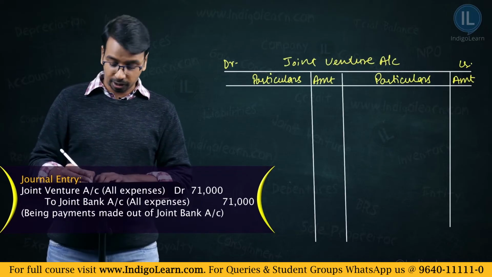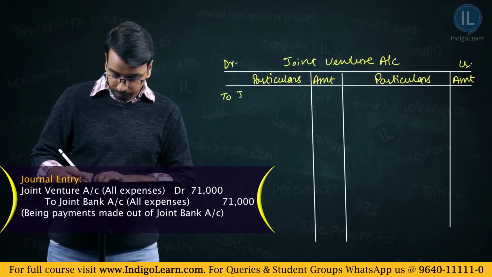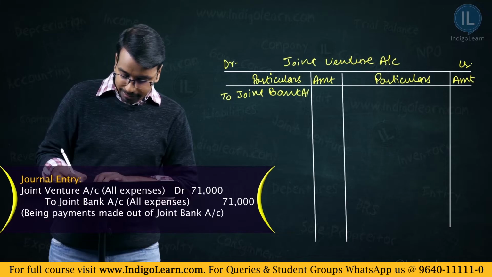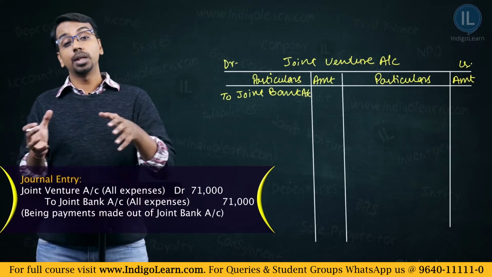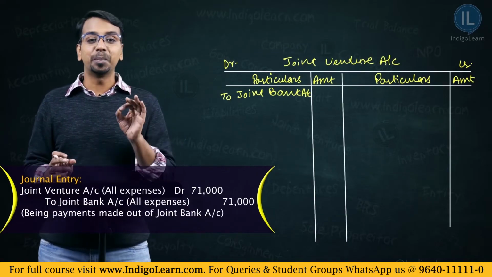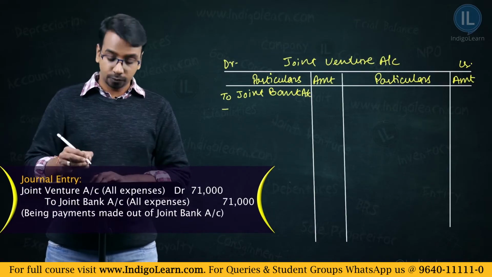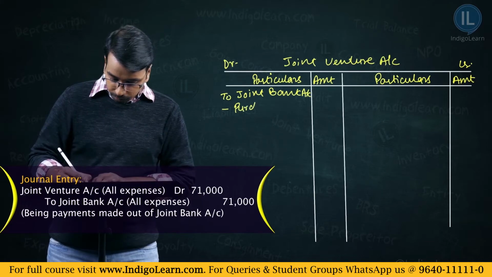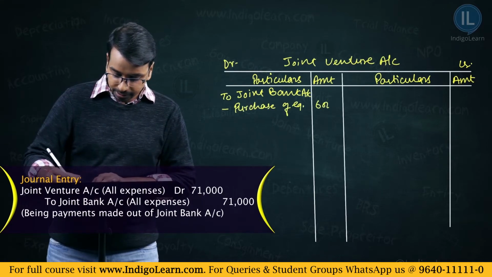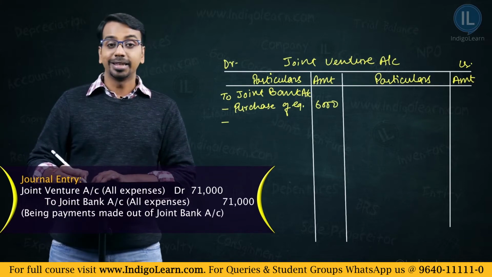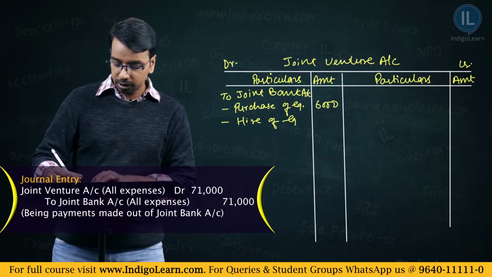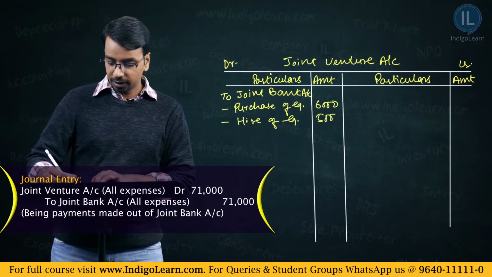So in the joint venture account, to joint bank account. Now you may consolidate all the amounts and pass a single entry, but for better presentation, write it item by item. So first we have purchase of equipment 6,000. Then we have hire of equipment 5,000.